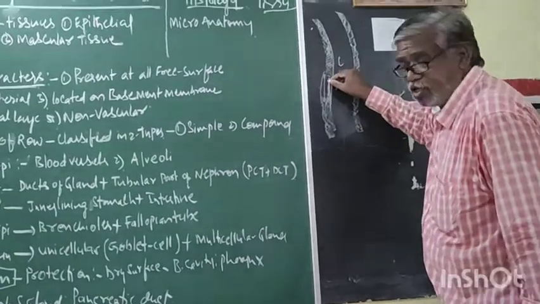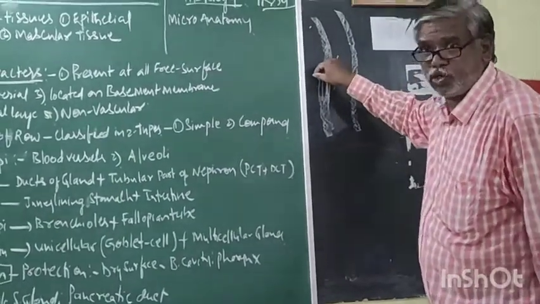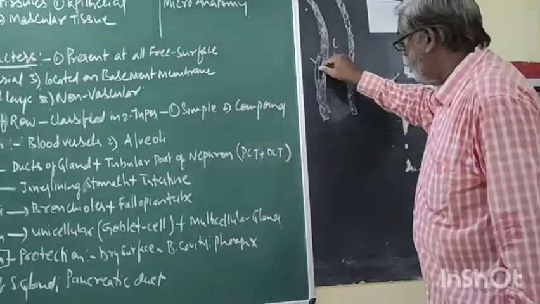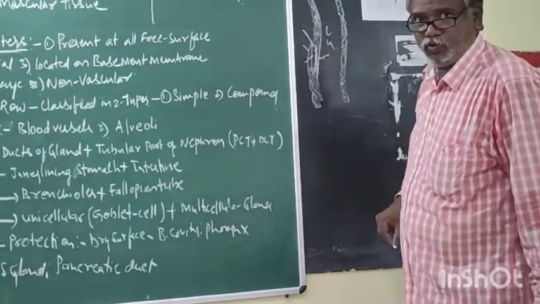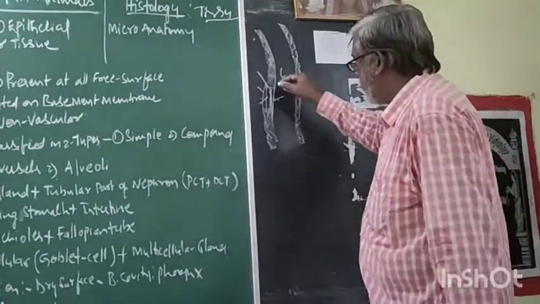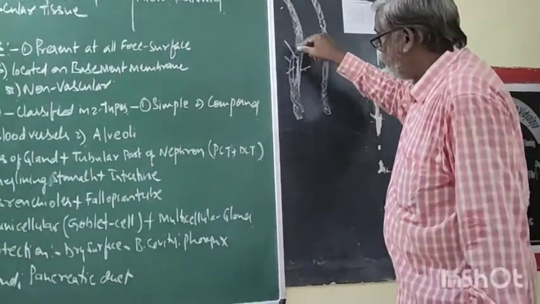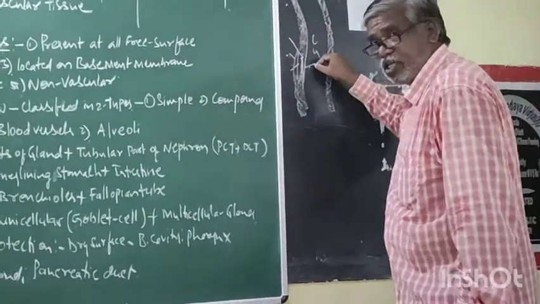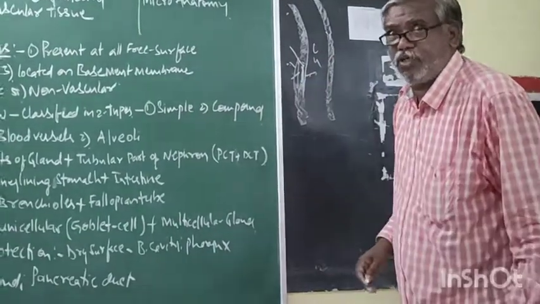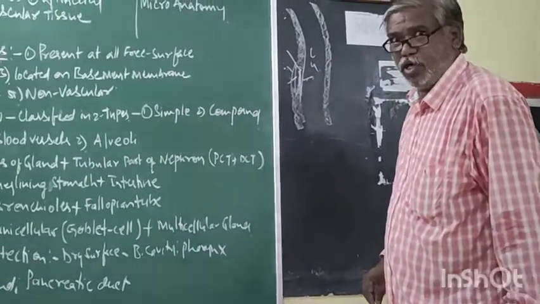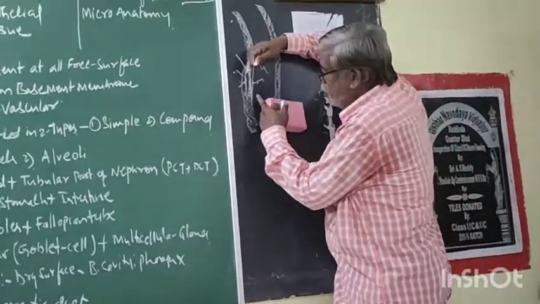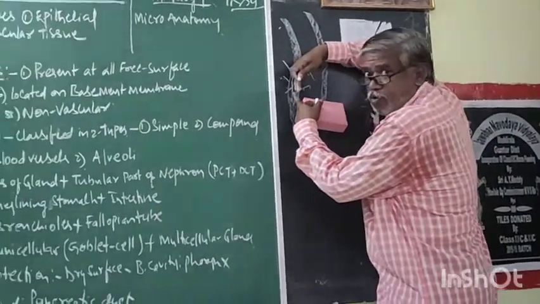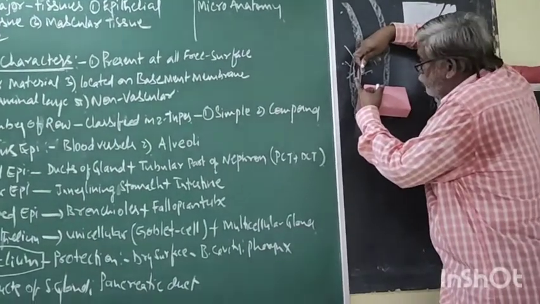What are the layers? Serosa, muscularis, submucosa, mucosa. But among these four layers, the first layer and last layer have free surfaces. The second layer is overlapped by another layer, and the third is also overlapped.